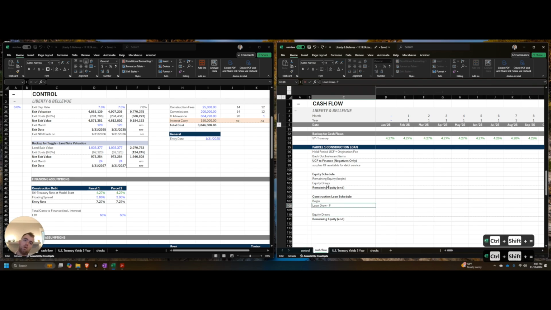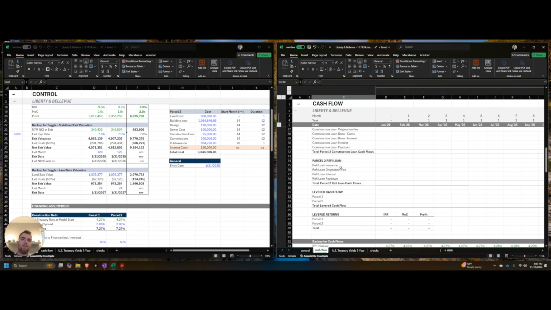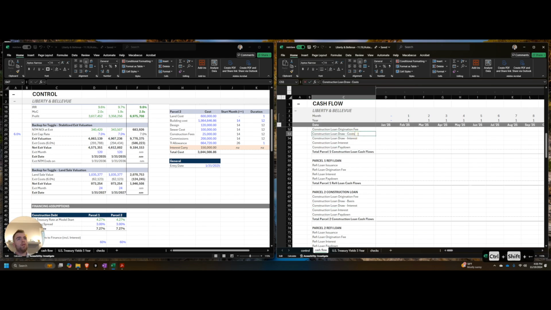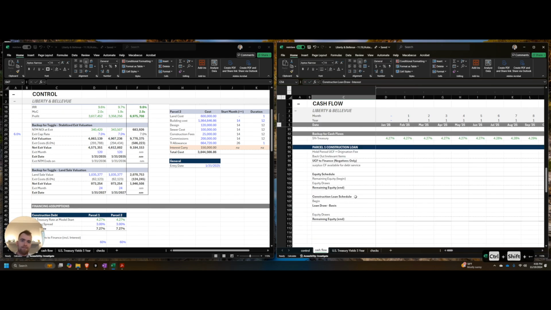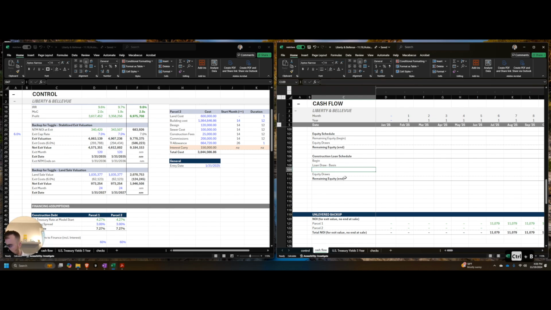Loan draw. Basis. I'm going to call it basis. It's a little complex, but we'll get there. And then loan pay down. And so you start with 0 on the loan.